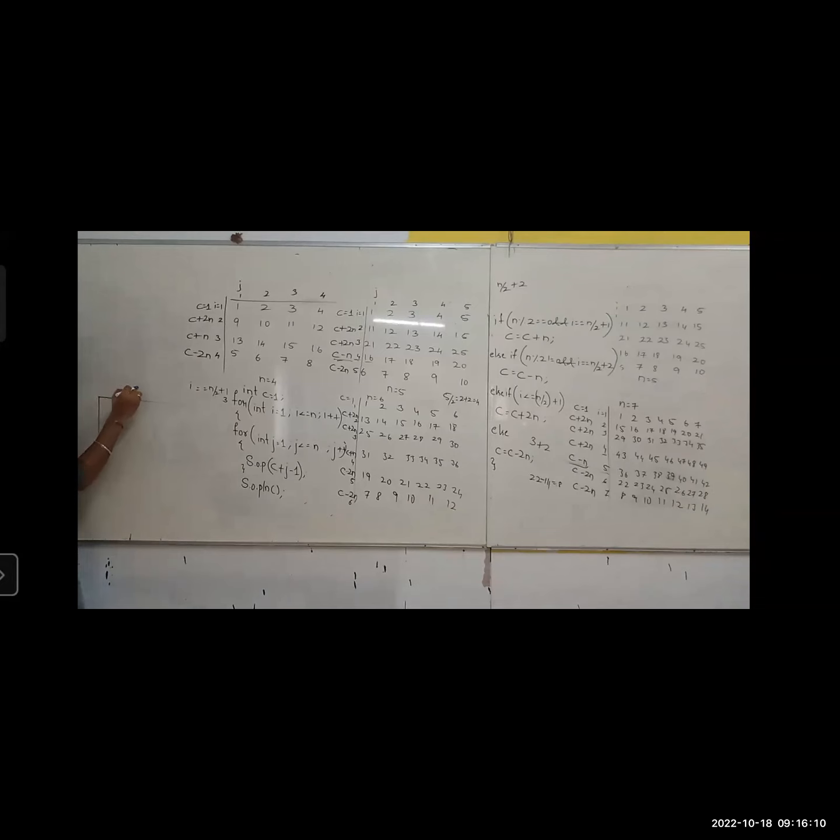So n value, if I consider it as 8: first time, I value goes 1, 2, 3, 4, 5, 6, 7, as well as 8. So first time, I value is 1, and C value I am making as 1. J equal to 1 also fine.